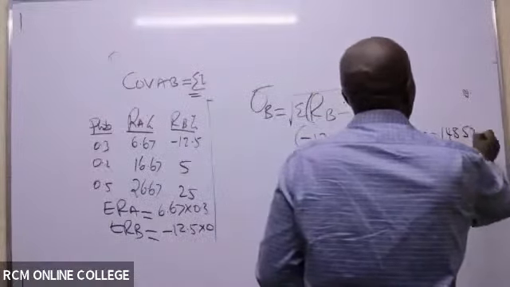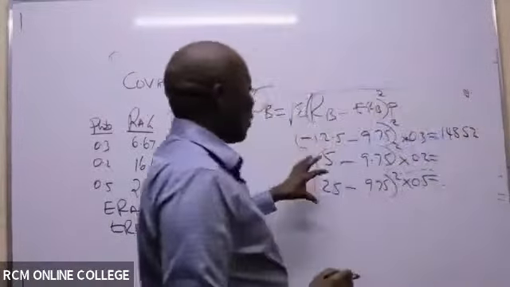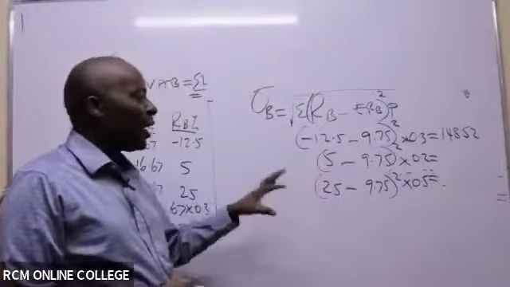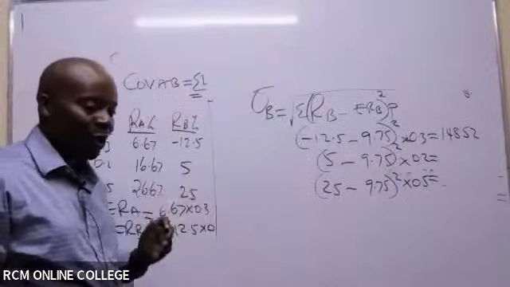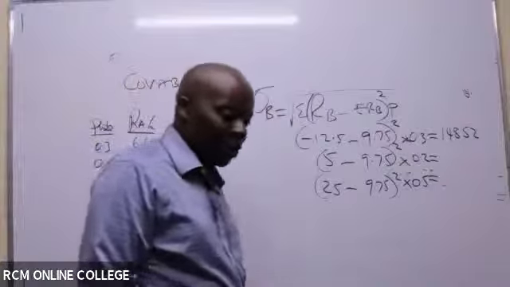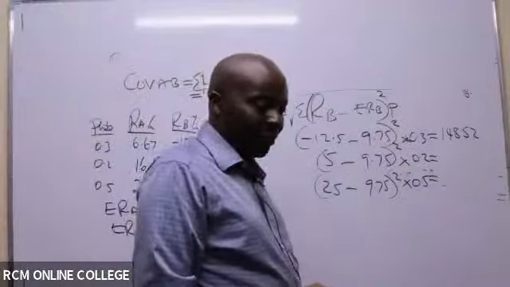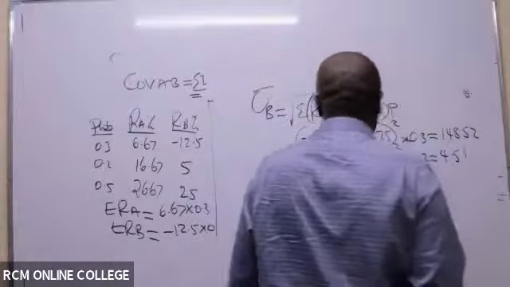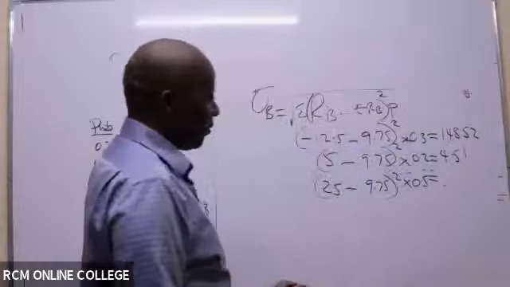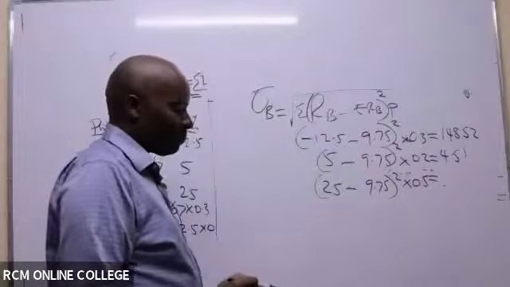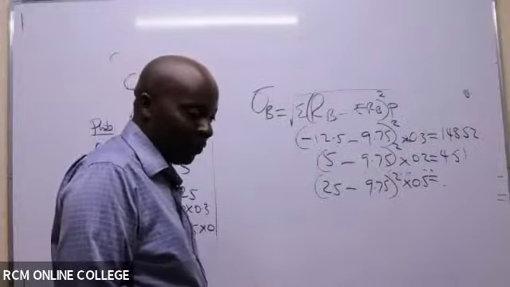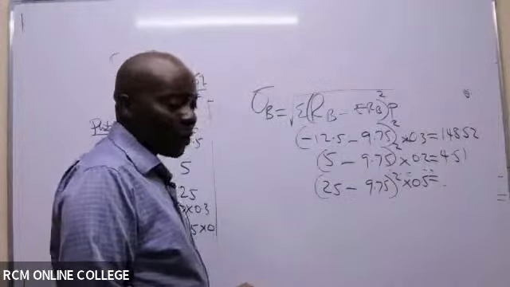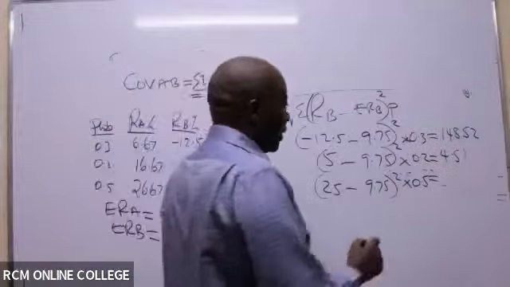Then you go for the second one. 5 minus 9.75, you square, times 0.2. You give me an answer, 4.51. And then lastly, open brackets, 25 minus 9.75, you close, square, times 0.5. So what are we getting here? 116.28.